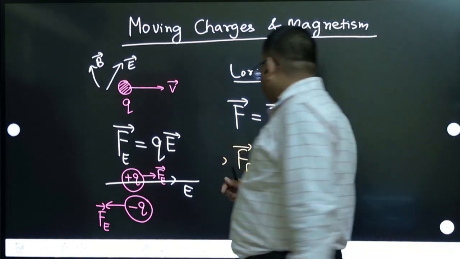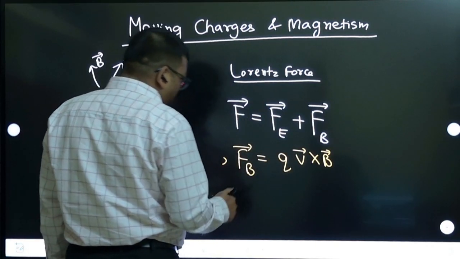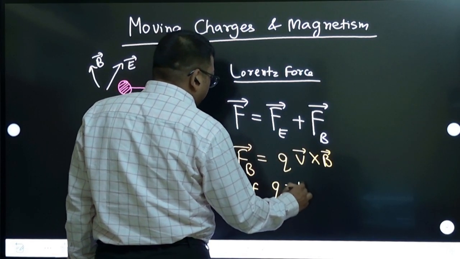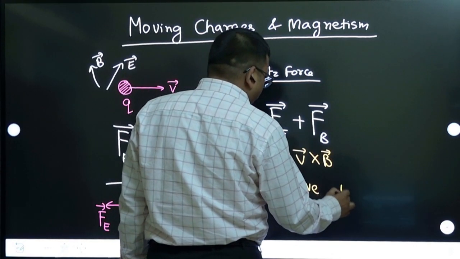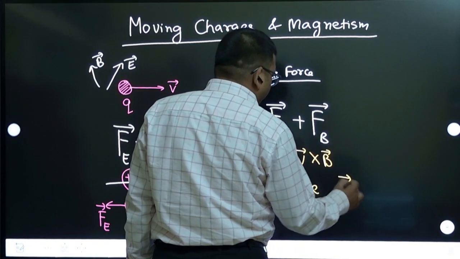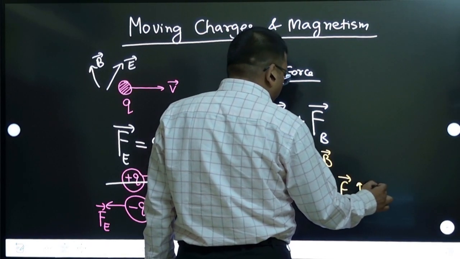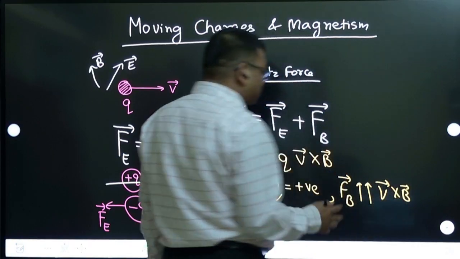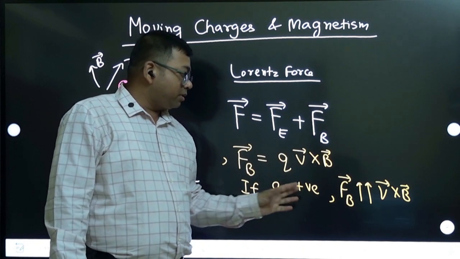Here also we need to note that if the charge is positive, then the magnetic force is parallel, meaning in the same direction, to v cross B. So the v cross B direction and magnetic force direction will be the same if the charge is positive.